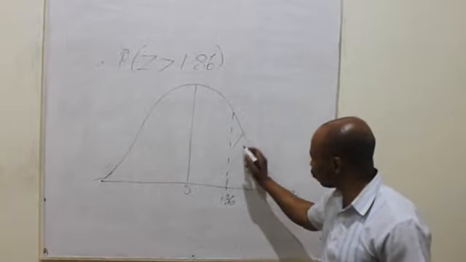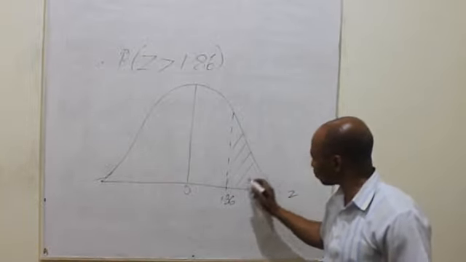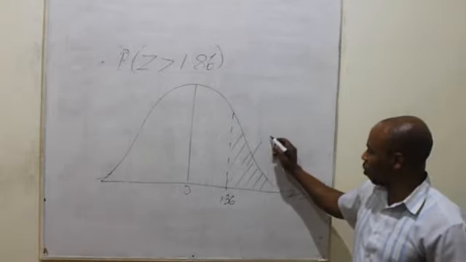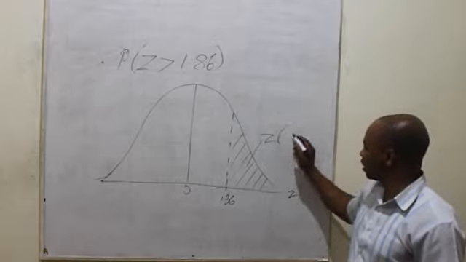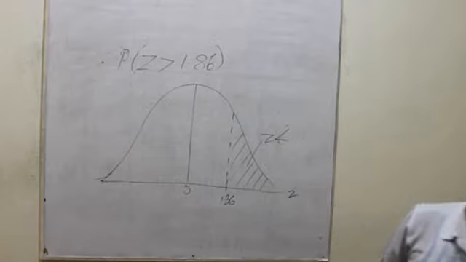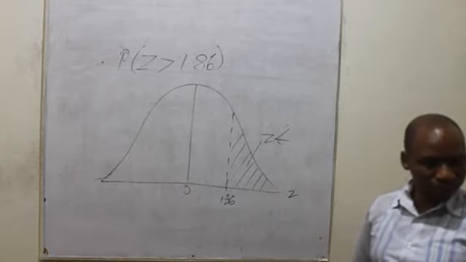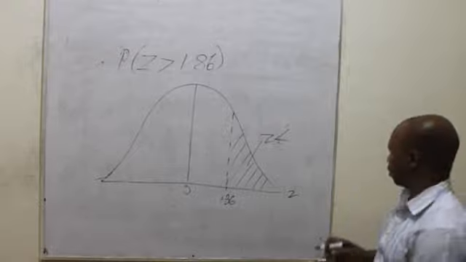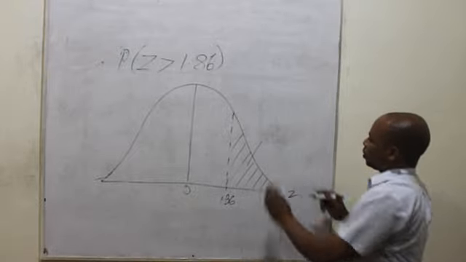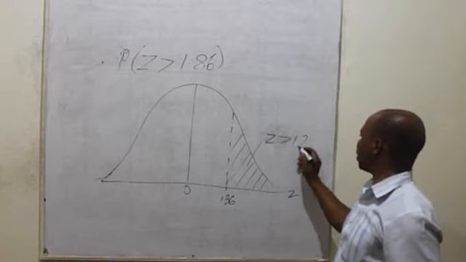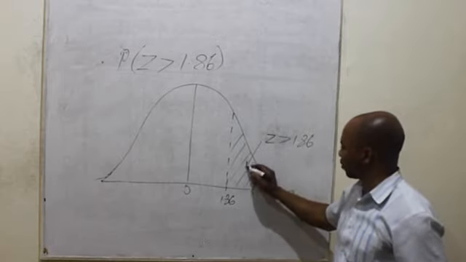So in effect, this will be the region of z greater than 1.86. This is the region.